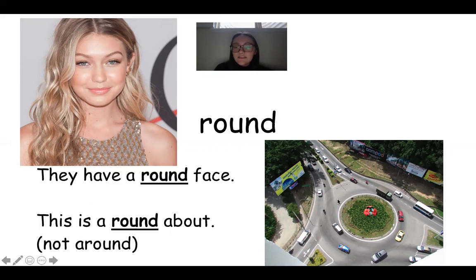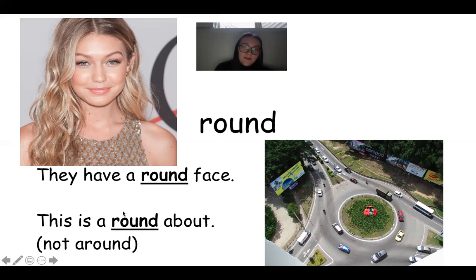Or, this is called a roundabout. It means that it's round, it's like a circle. But there's also something you need to remember, that round is different from a round, right? So even though this says a round, the a is not next to the round. This is its own word. Round in this sentence is its own word.